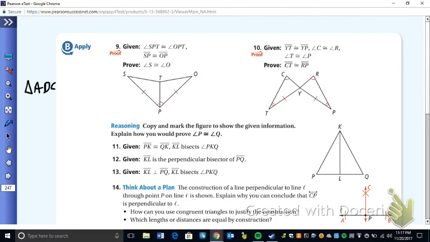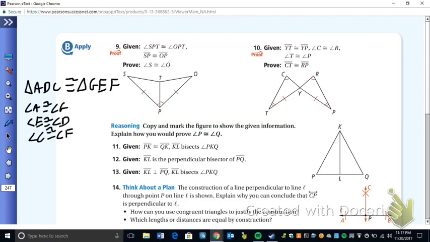If triangle ADC is congruent to triangle, say, GEF, then inherent in that is that angle A is congruent to angle G, angle D is congruent to angle E, and angle C is congruent to angle F. Moreover, side AD is congruent to side GE, side DC is congruent to EF, and side AC is congruent to GF.